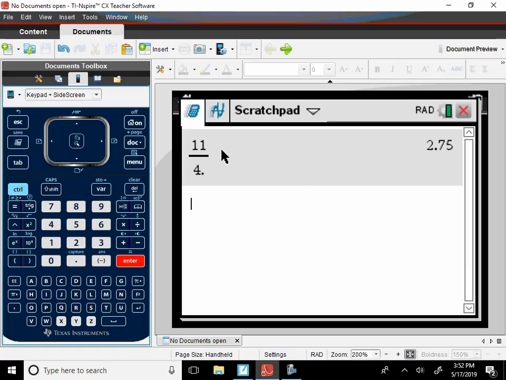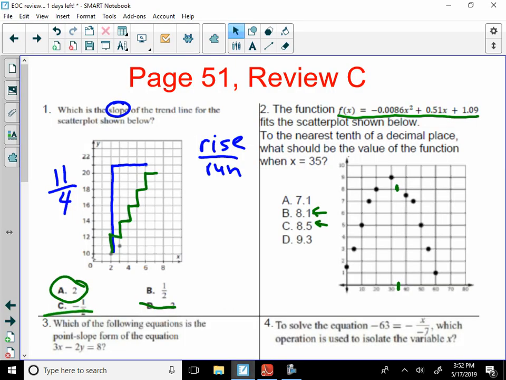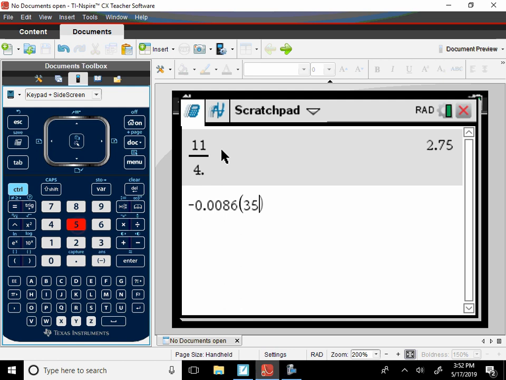I was kind of hoping not to type in those crazy decimals, but the crazy decimals are negative 0.0086, and then it says x squared. Remember the question asked us about the number 35, so in this spot I'm going to put 35 squared plus 0.51. Again, in the x spot I'm putting 35 plus 1.09.